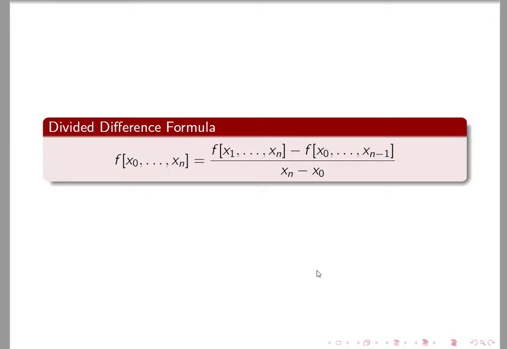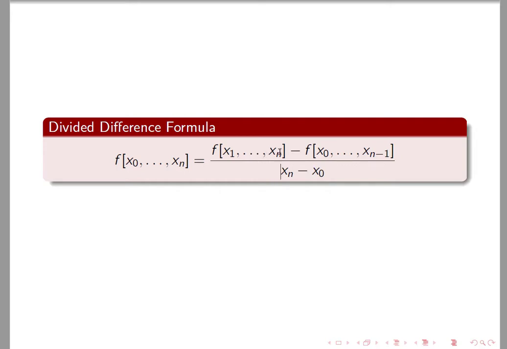So we've got the divided difference formula, and it's strange looking, all these square brackets, and it's going to require some work to remember, at least if you're like me. What do you want to focus on? Here we have x0 through xn, but here we only have x1 through xn, and here we have x0 through xn minus 1. And we're dividing by xn minus x0.